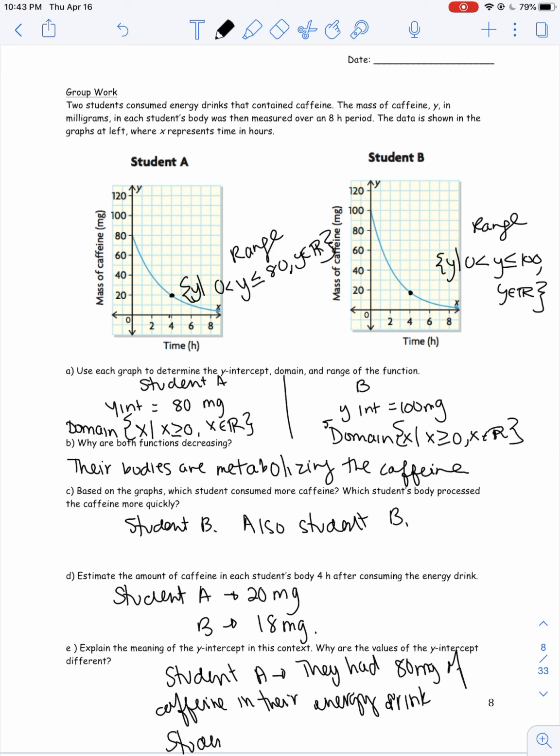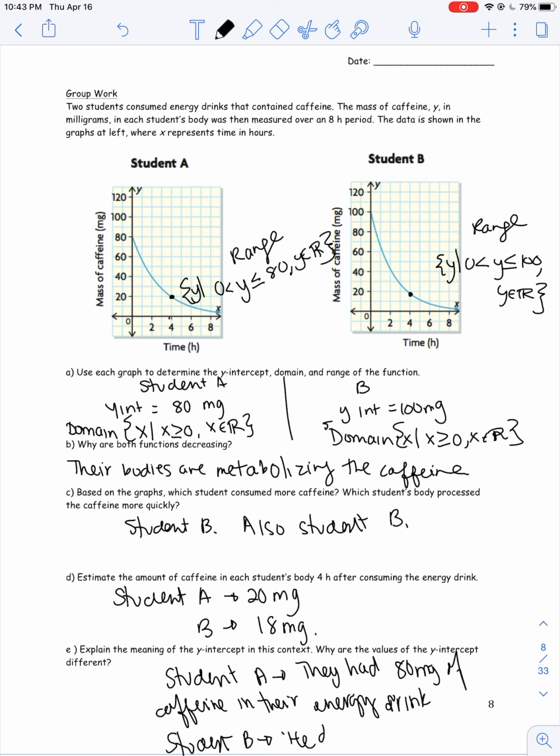And student B, why are they different? Well, because he drank a different energy drink, and this energy drink had 100 milligrams of caffeine in the actual bottle.